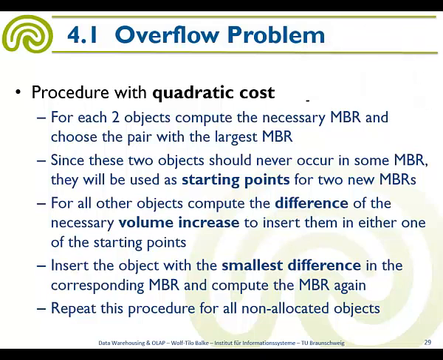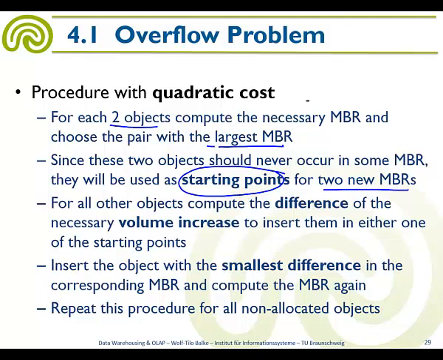Very good. So you start up with the 2 objects that create the largest minimum bounding rectangle. And as soon as you've found them, they become the starting points. So these are the 2 seeds, and they create 2 new minimum bounding rectangles.